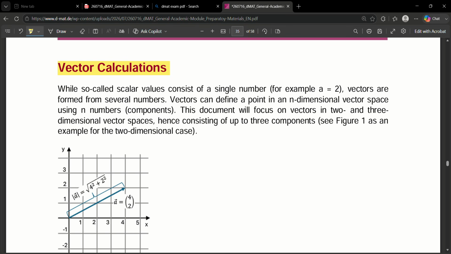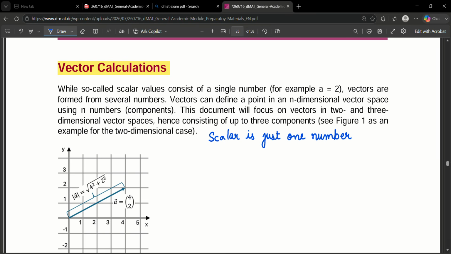Before knowing what a vector is, you should know what a scalar is. So basically, a scalar is just one number.